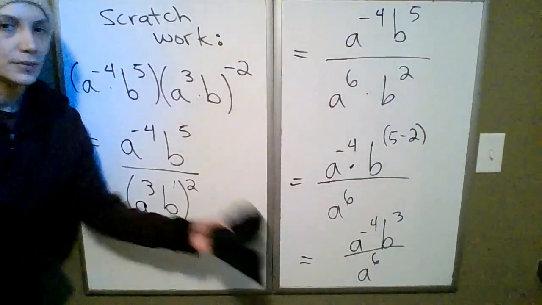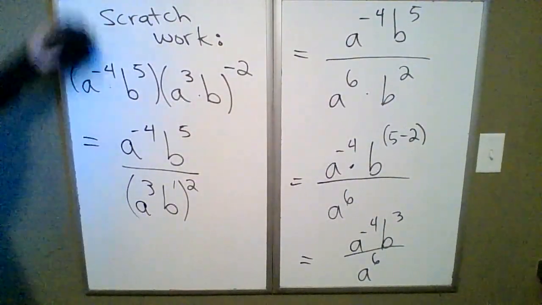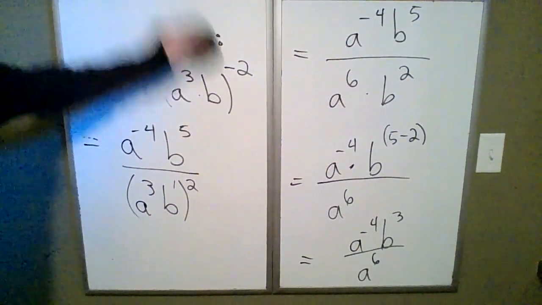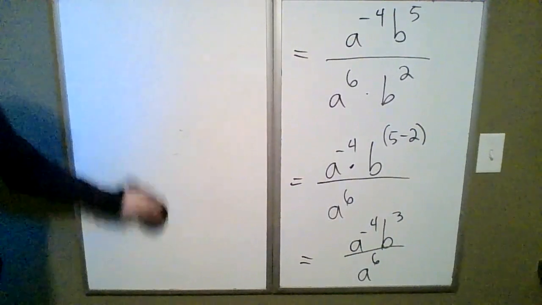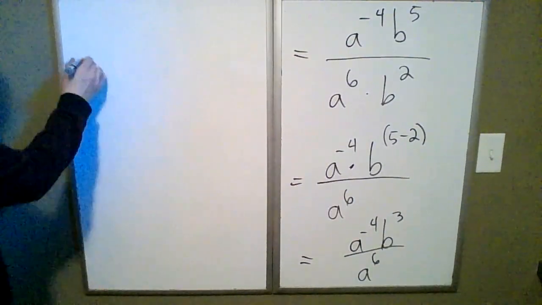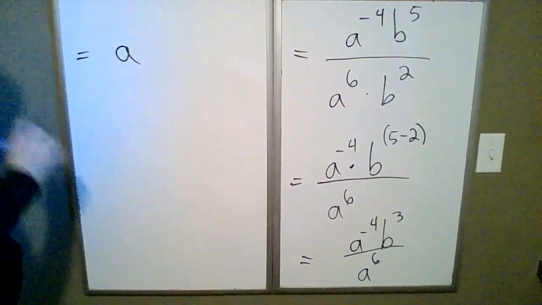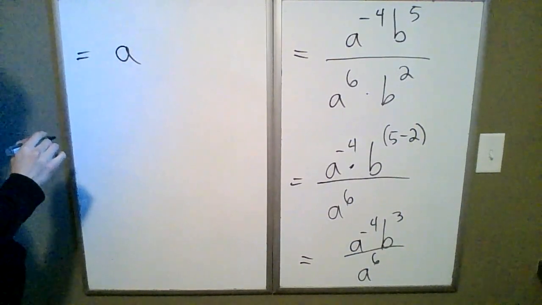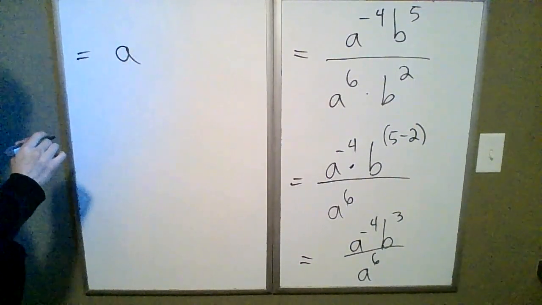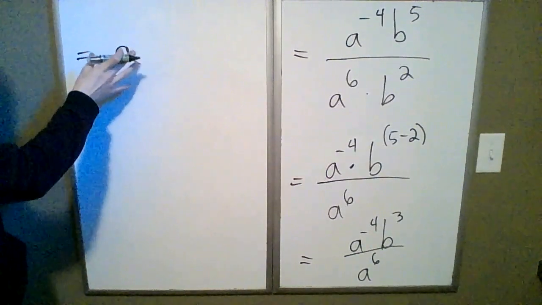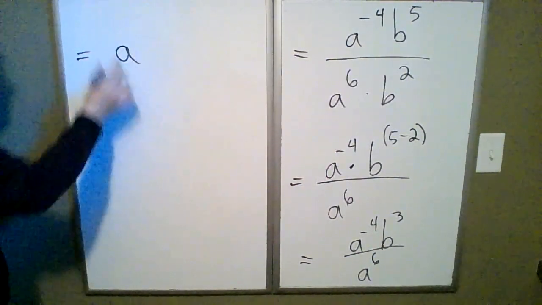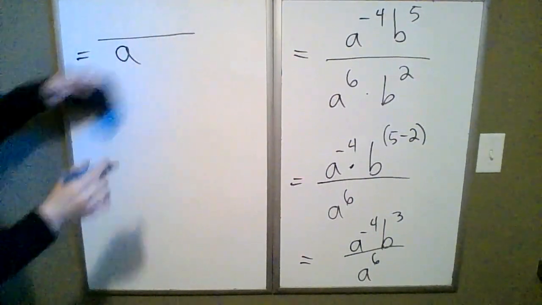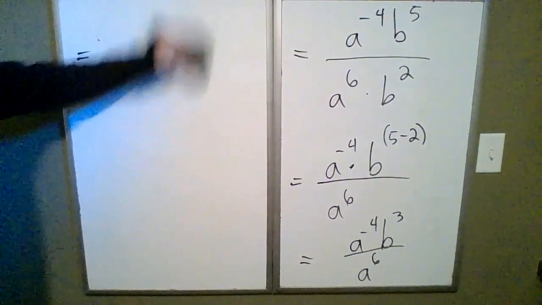Now we need to take care of the variable a. We just want 1 base a. That variable just show up 1 time. Let's bring this a to the -4th down to the denominator. Give it a power of +4.